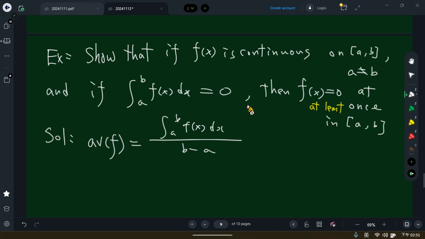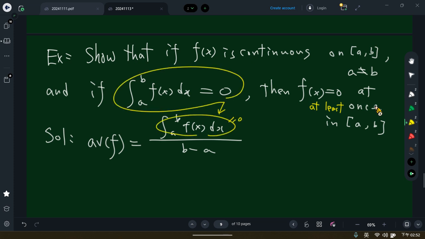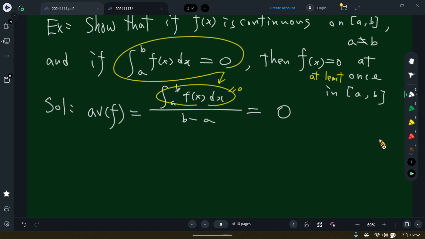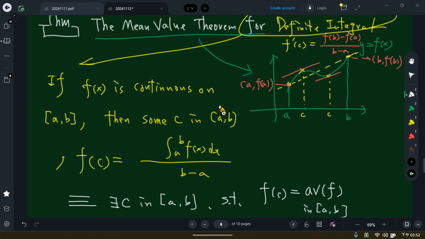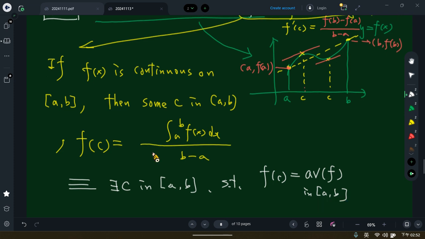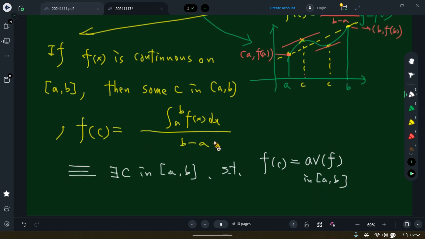And you can see here the integral is 0, so the average value of the function should be 0. As the theorem just showed, you can always find a C in AB whose function value is equal to the average.